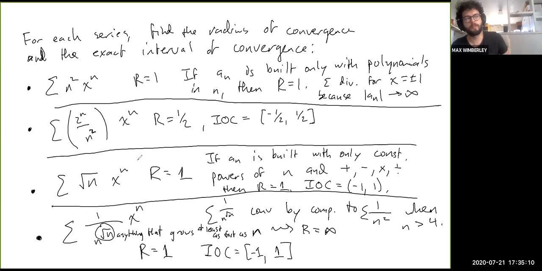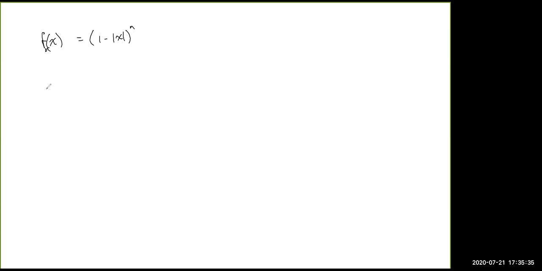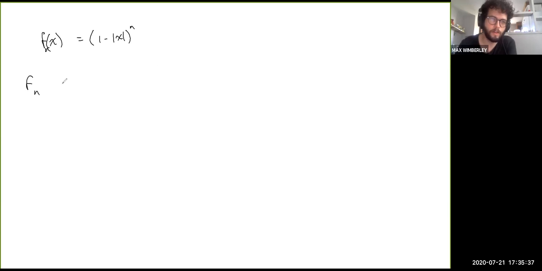Well, to answer that question, I would ask you to think about the example given at the end of the lecture, which was 1 minus the absolute value of x, raised to the n power. F_n was this. So F_n converged pointwise, where f of x was what function?